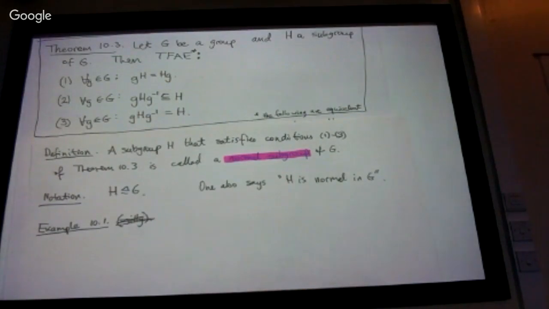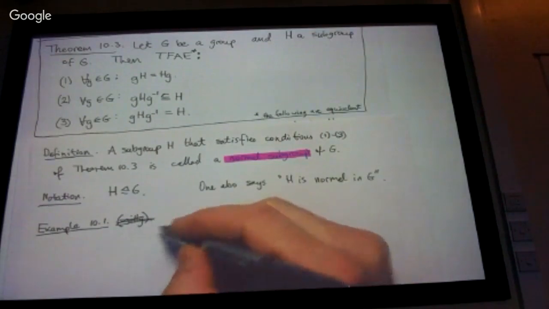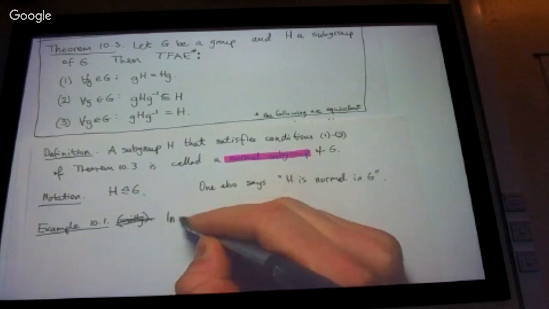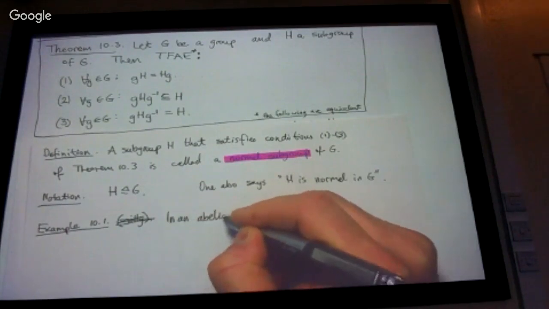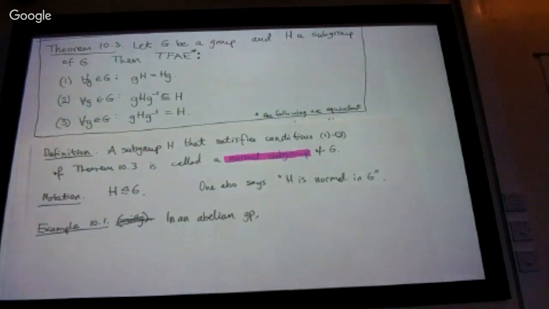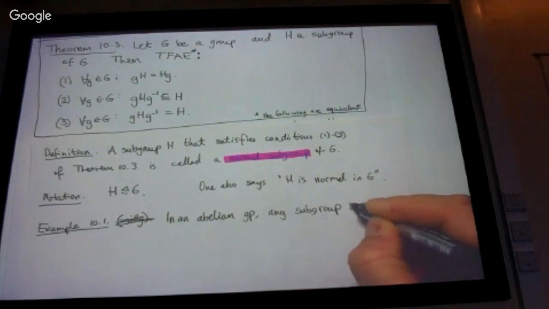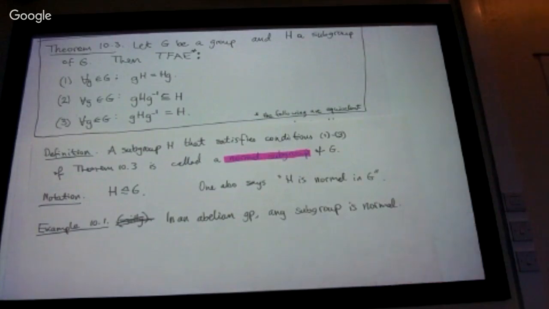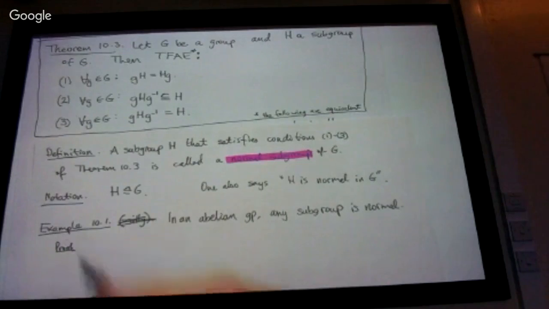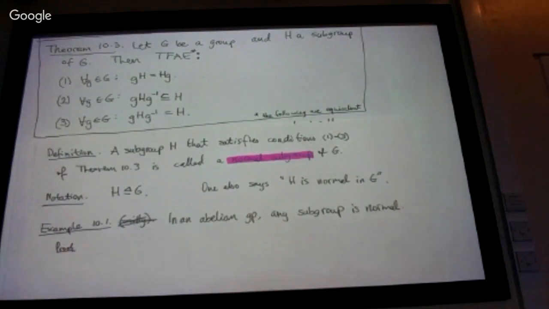You're reading the book, so you know it, but in an abelian group, what are the normal subgroups? Any subgroup is normal. Why is that? Because the group is commutative.